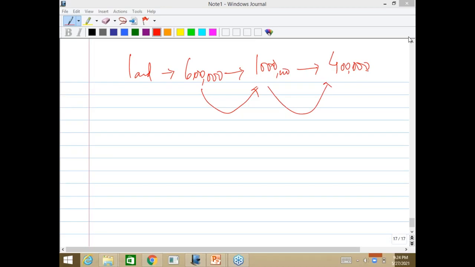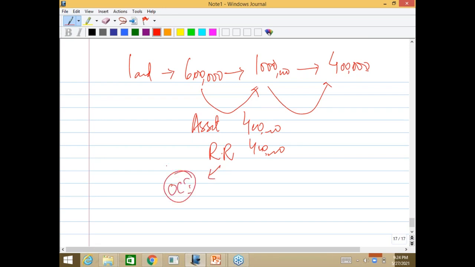So the first thing is the revaluation gain. Whenever there is a revaluation gain, the accounting entry will be asset debit and revaluation reserve credit by 4 lakh. And this will also go in OCI. That's my first year. Now, subsequently, when we have performed the revaluation, there is a loss on the revaluation of 6 lakh.